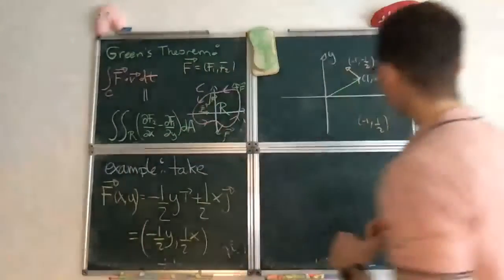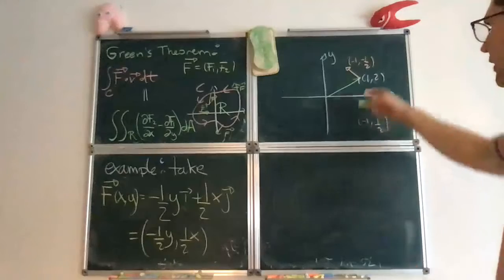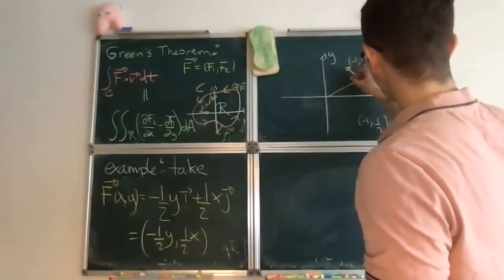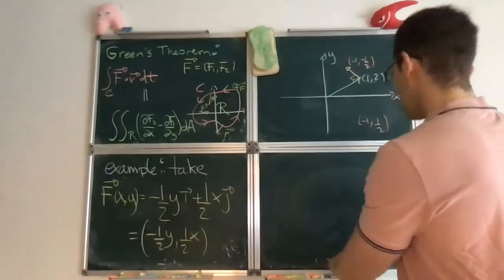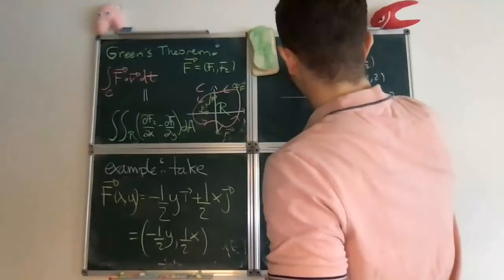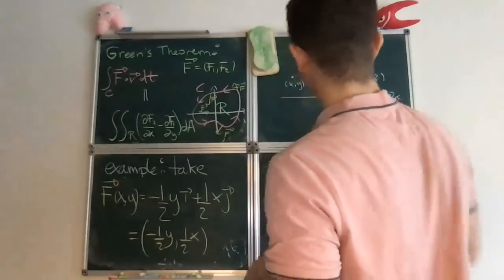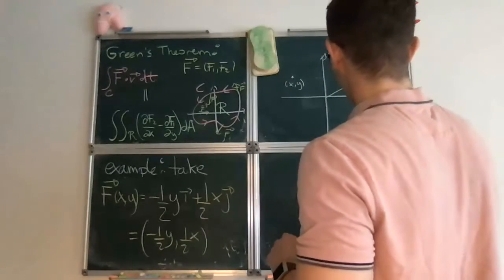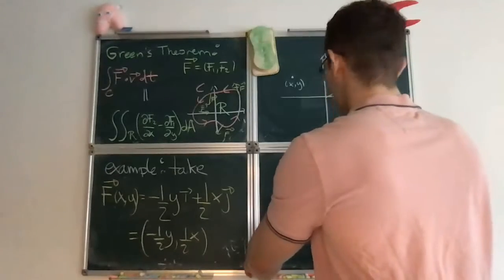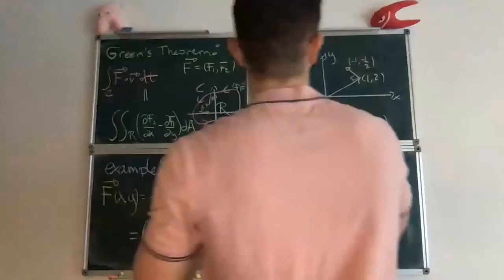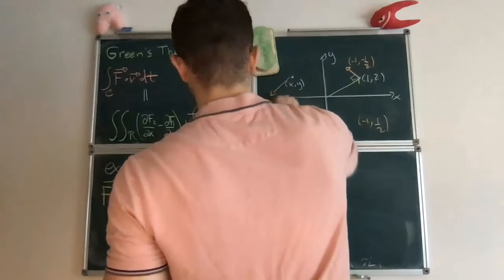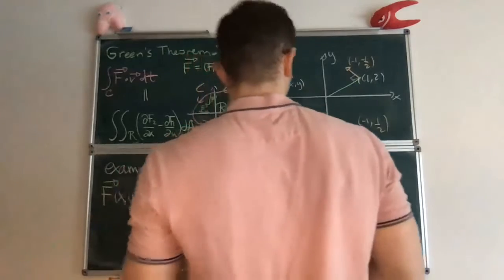In fact, if you think of the position vector of 1, 2, it looks here that there is like a 90-degree angle between the two vectors, and it actually ends up being true in general, because if you take a point which is x y, again, the vector that you're drawing is minus 1/2 y comma 1/2 x.